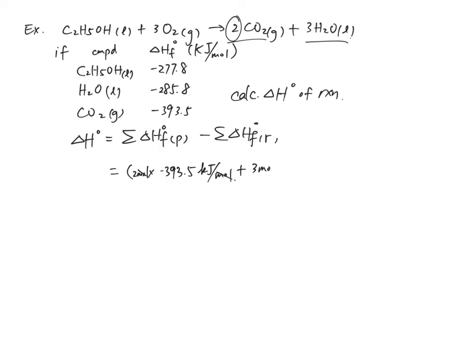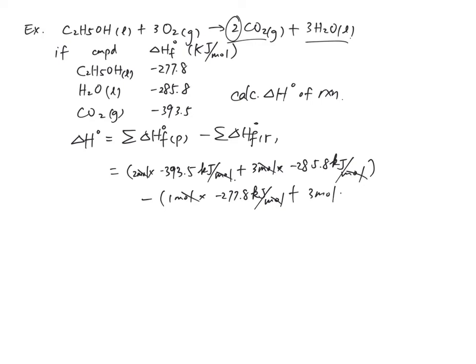3 moles of water times negative 285.8 kilojoule per mole, so that mole cancels, minus 1 mole of alcohol, negative 277.8 kilojoule per mole, so that cancels, plus 3 moles of O2.